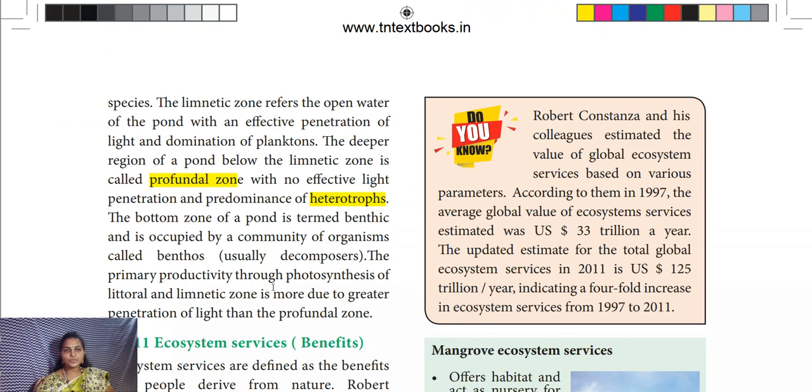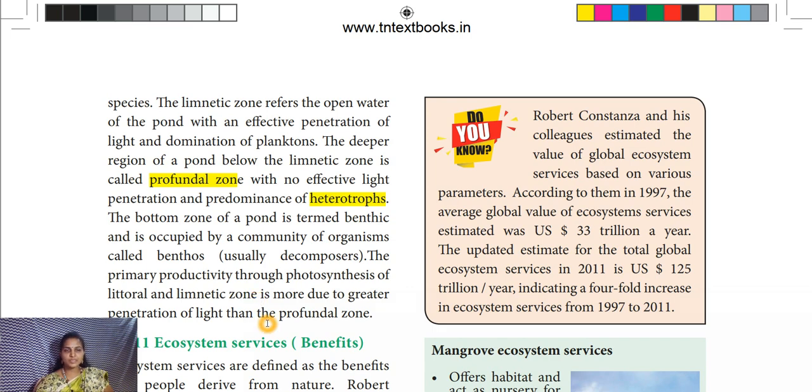The primary productivity through photosynthesis of the littoral and limnetic zones is greater than the profundal zone due to greater penetration of light. Plants need sunlight for photosynthesis. The littoral and limnetic zones receive a proper amount of sunlight, so there will be production. In the profundal zone there is no entry of sunlight, so heterotroph populations are greater.